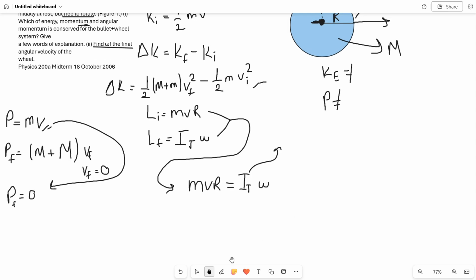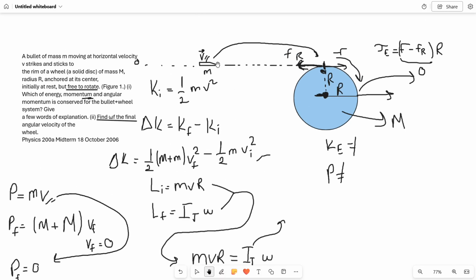But I will write it. What is the moment of inertia of the wheel and bullet? We cannot find out the moment of inertia of a bullet, but we assume that this is not a bullet.